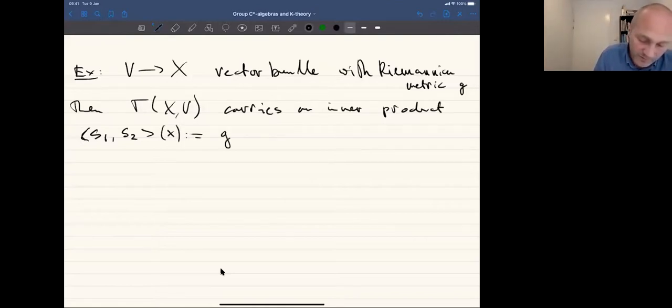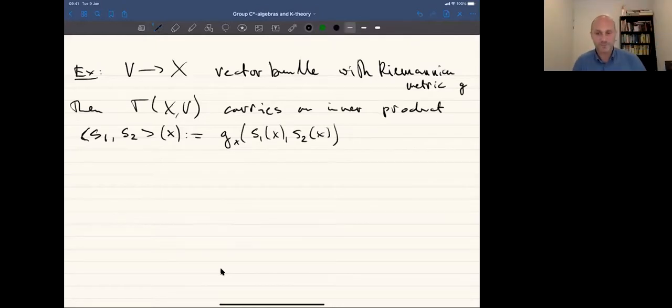What you do is you take the Riemannian metric at X and you take the inner product of the sections at X. Of course, this needs to be extended to, well, it's a complex vector bundle, let's say that, from the start.